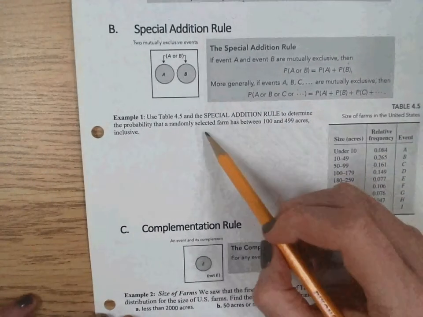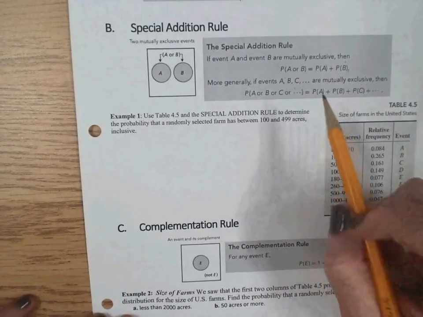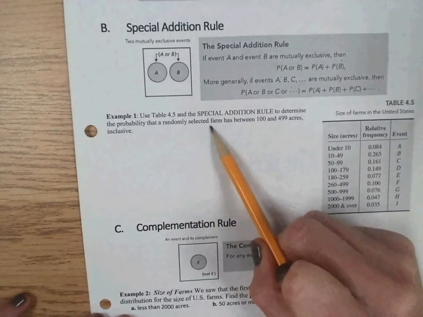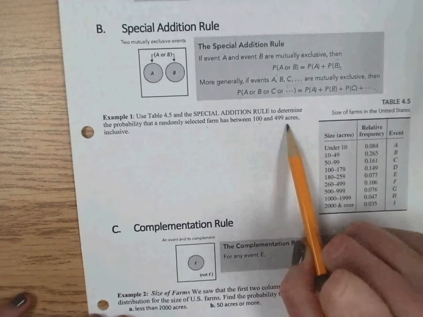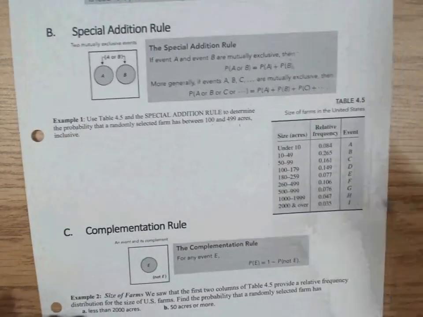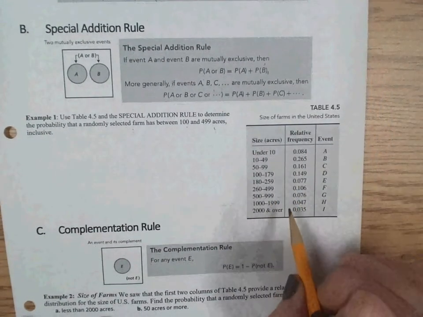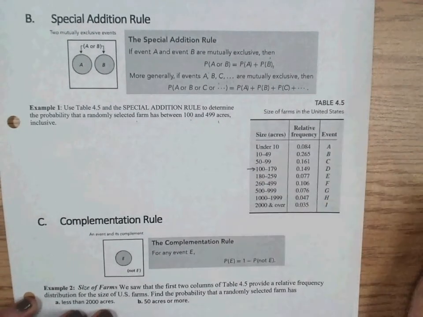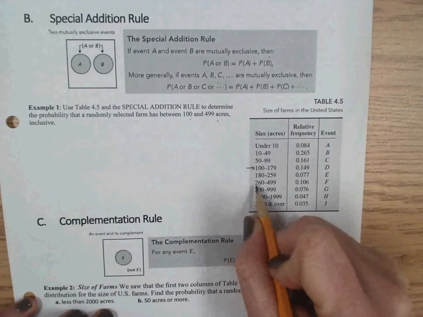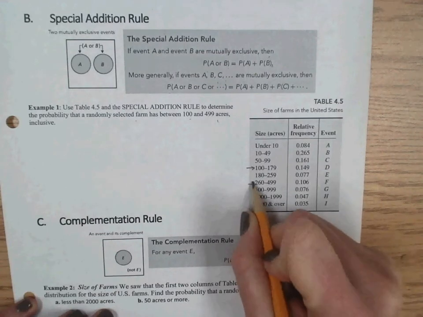For example, we're going to use the special addition rule to determine the probability that a randomly selected farm has between 100 and 499 acres inclusive. So we look at our table over here, and we find 100 to 179, all the way up to 499.